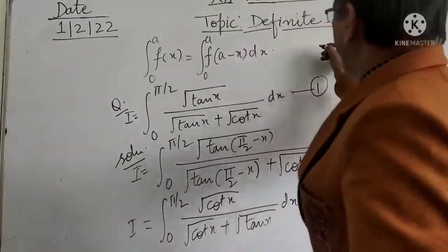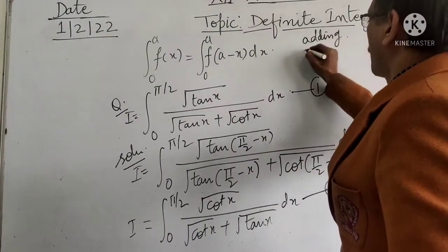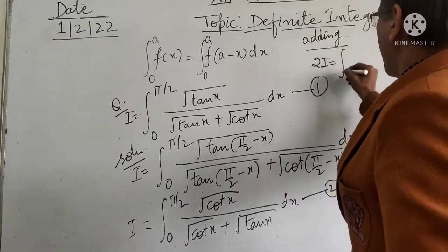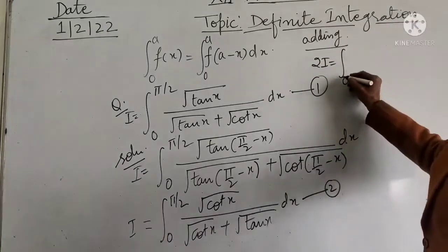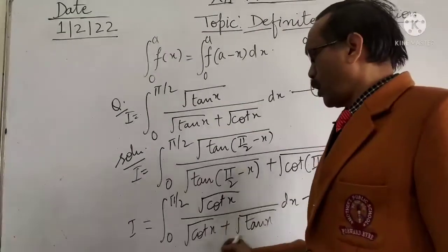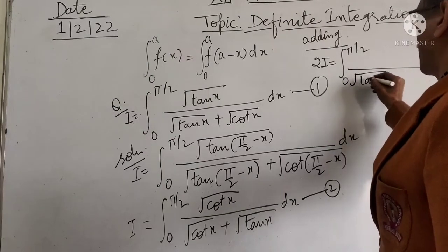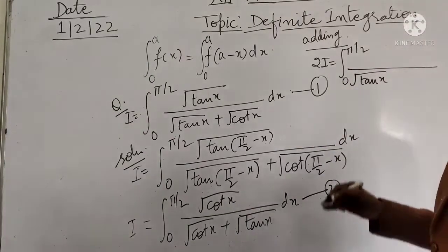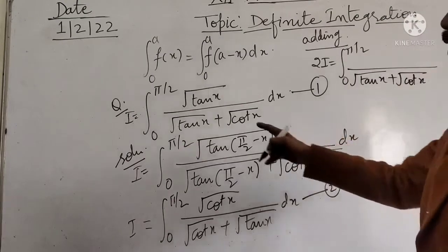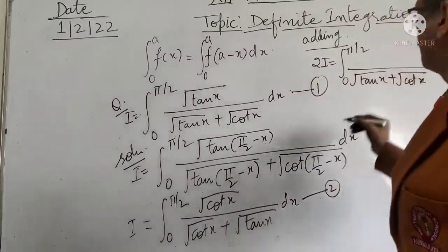So adding 1 and 2, this is 2I equal to the limit 0 to pi by 2. Now here the denominator is the same, root tan x plus root cot x, and the numerator will also be the same, root tan x plus root cot x.